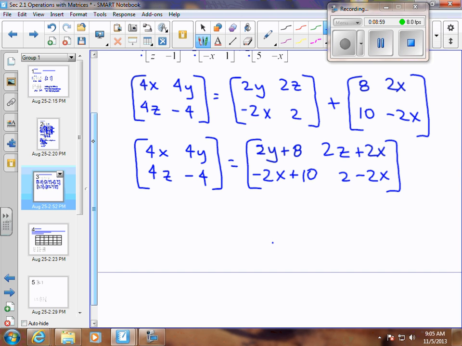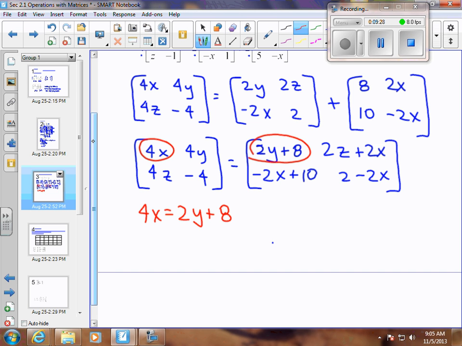If the matrices are equal, that means that each element of one is equal to the corresponding element of the other. In other words, the element in the first row, first column on the left-hand side is equal to the element in the first row, first column of the right-hand side. So that gives me 4x equals 2y plus 8.